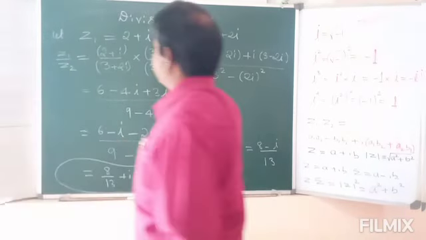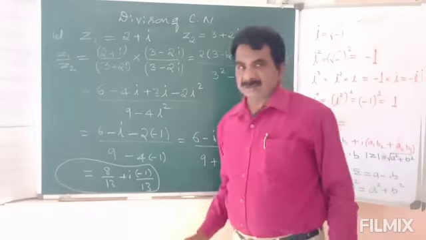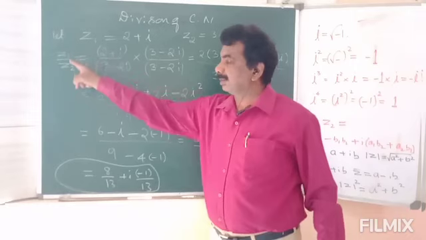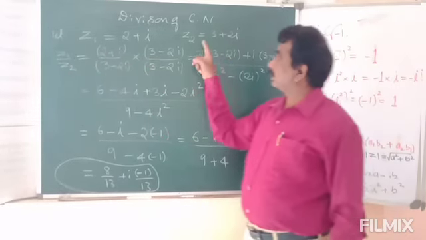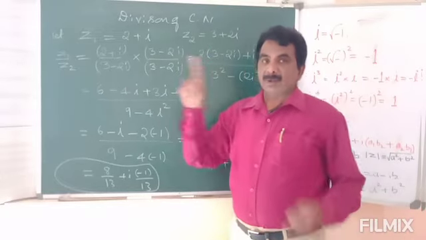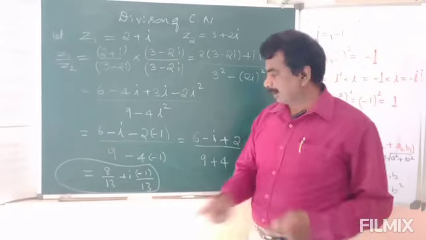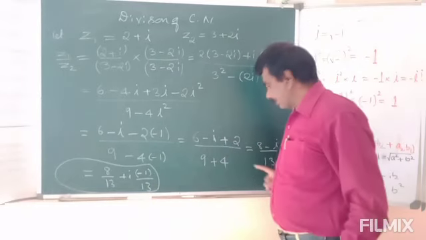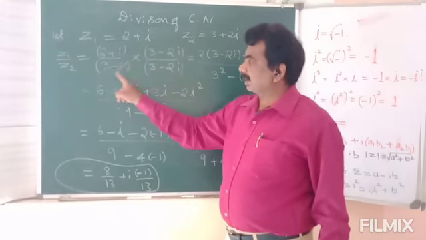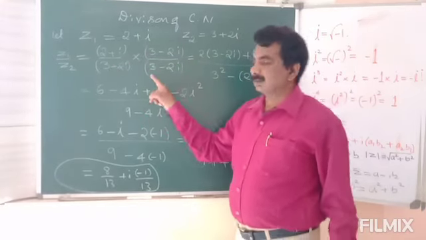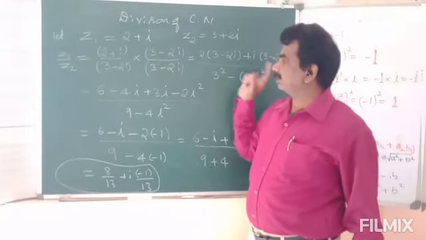Division of complex numbers. Divide Z1 and Z2 each other. Z1 by Z2, that is 2 plus i by 3 plus 2i. For the division, in the denominator, it should be a real number. Now take the conjugate of 3 plus 2i, which is 3 minus 2i. Multiply and divide; the value does not change.